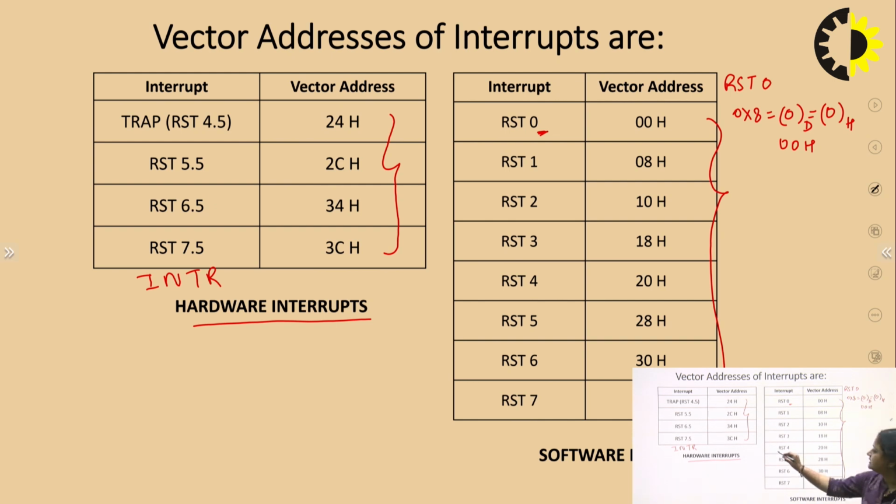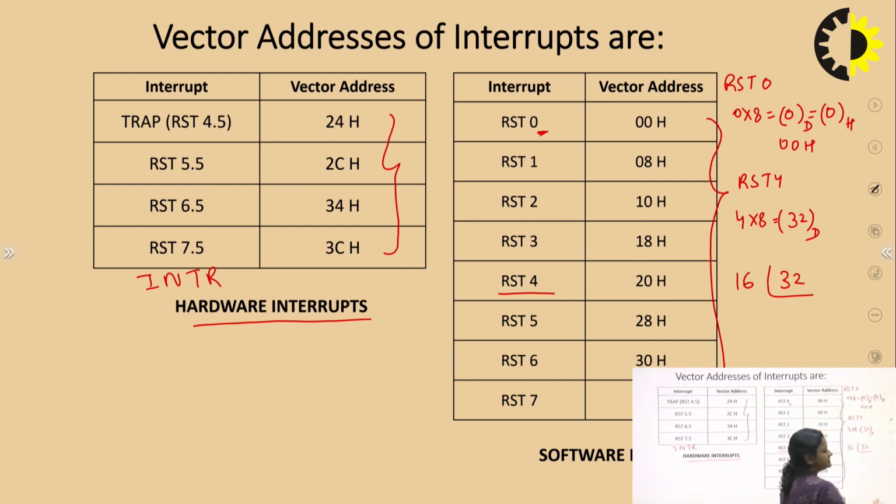Now let us check it for RST 4. For RST 4 the number is 4, so 4 will be multiplied by 8. 4 8s is 32 in decimal. Now convert this into hexadecimal. How do we convert a decimal number to hexadecimal? There is a simple formula. You divide the number by 16.